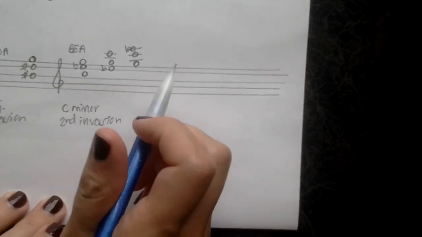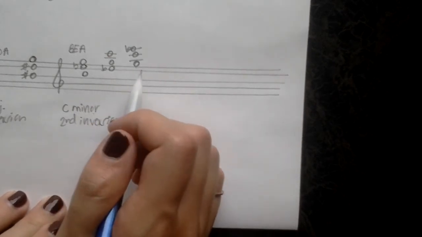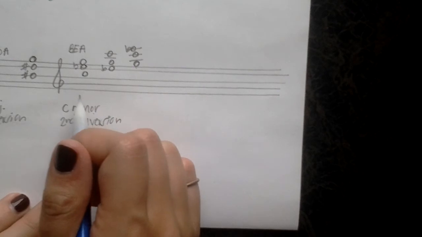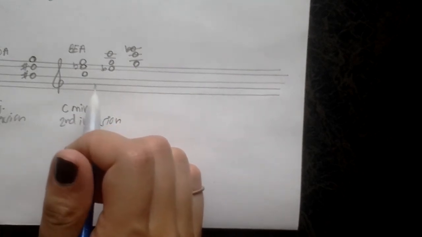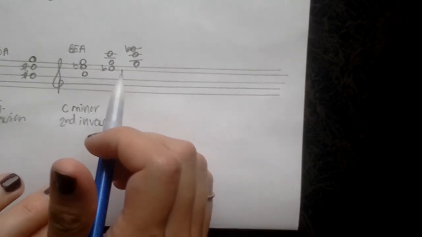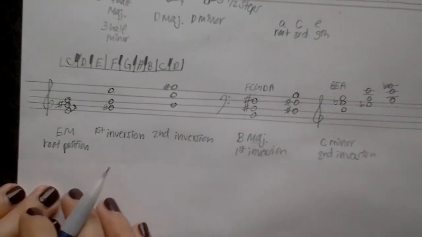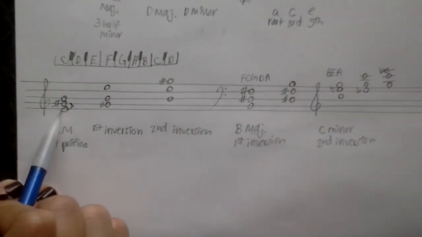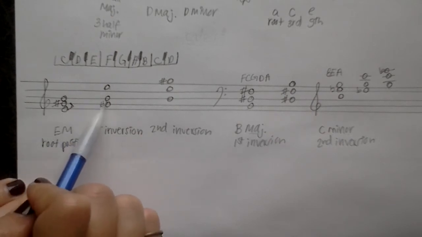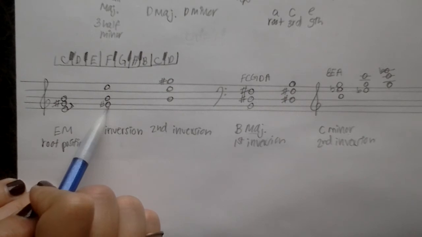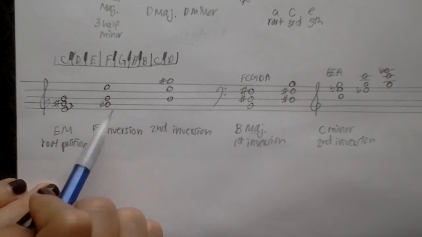An easy hint to help you with figuring out first and second inversion is looking at the pattern of what the chord looks like. If you see over here where I've made the root, they're all stacked on top of each other. Here, the two that are stacked on top of each other are at the bottom for first inversion.